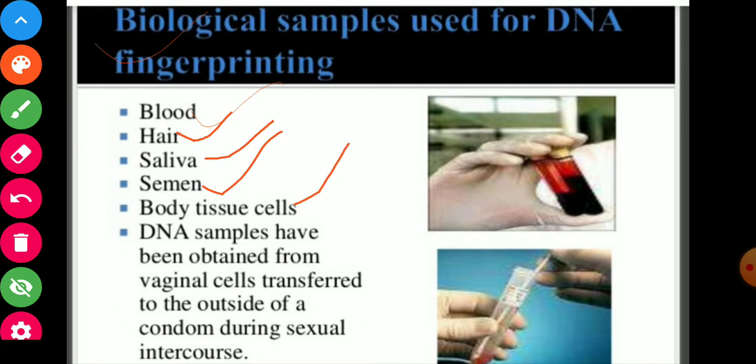DNA samples have also been obtained from vaginal cells transferred to the outside of a condom during sexual intercourse. So this may be a sample for DNA fingerprinting. These are some examples from where we can take the sample for DNA fingerprinting.